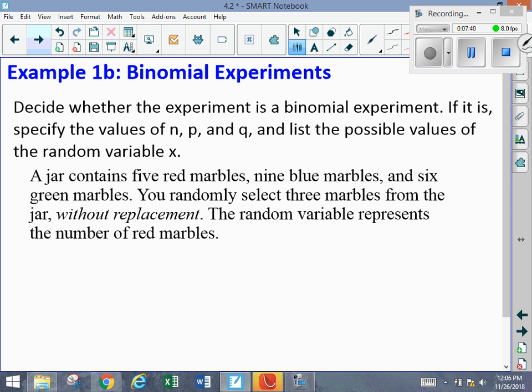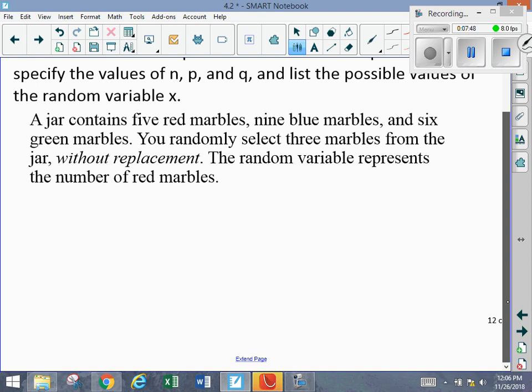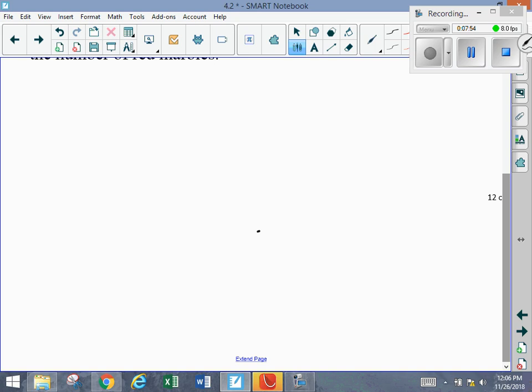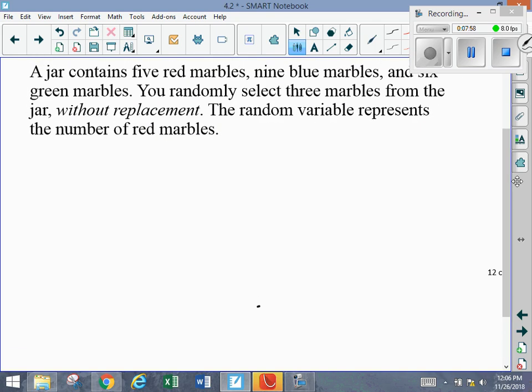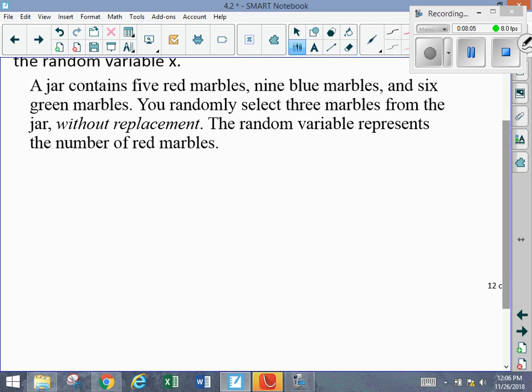So let's determine if this is a binomial setting, or a binomial experiment. I would like to say binomial setting; I think it makes a little more sense. We've got a jar with 5 red marbles, 9 blue marbles, and 6 green marbles.